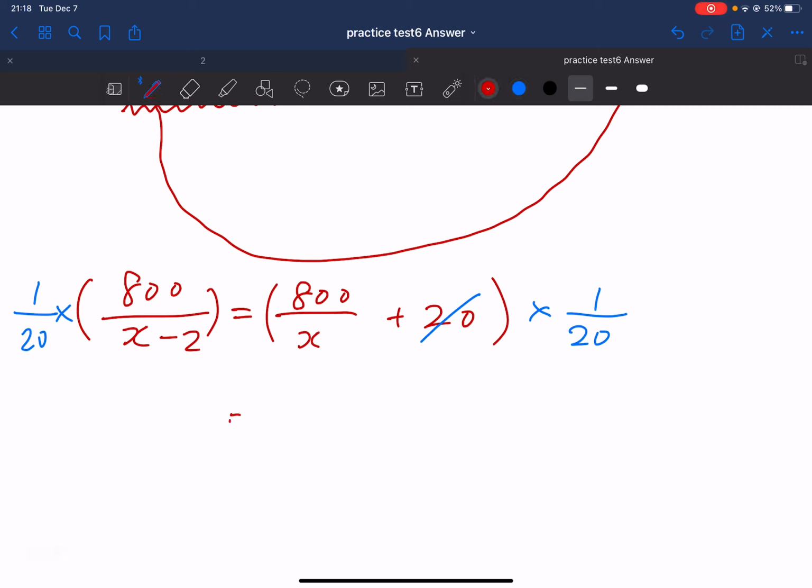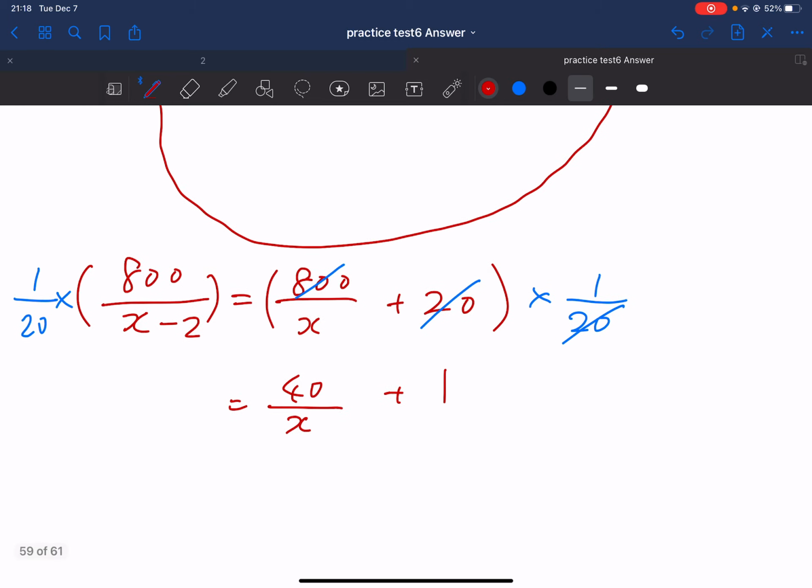Then what do we have? 20 times 1 over 20 is 1, plus 800 over x times 1 over 20. 800 times 1 over 20 is 40, right? 40 over x. And then on the left side, 1 over 20 times 800 over x minus 2, it's 40 over x minus 2, right?